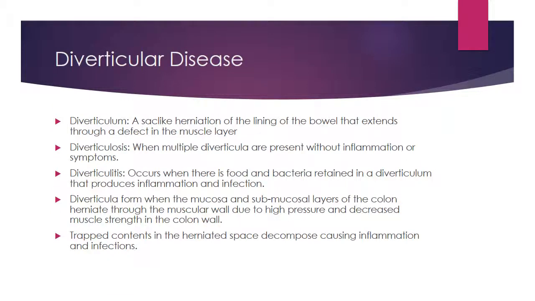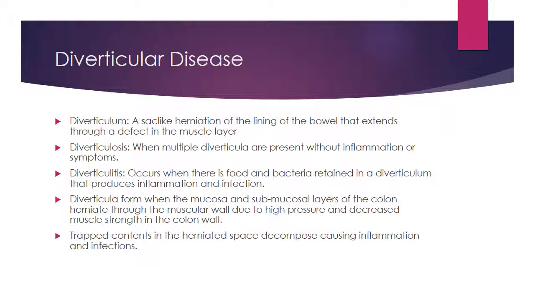Okay, diverticular disease. Just going to go through these. Diverticulum is like a sac-like herniation of the lining of the bowel that extends through a defect in the muscle layer. Diverticulosis is when multiple diverticulae are present without inflammation or symptoms.